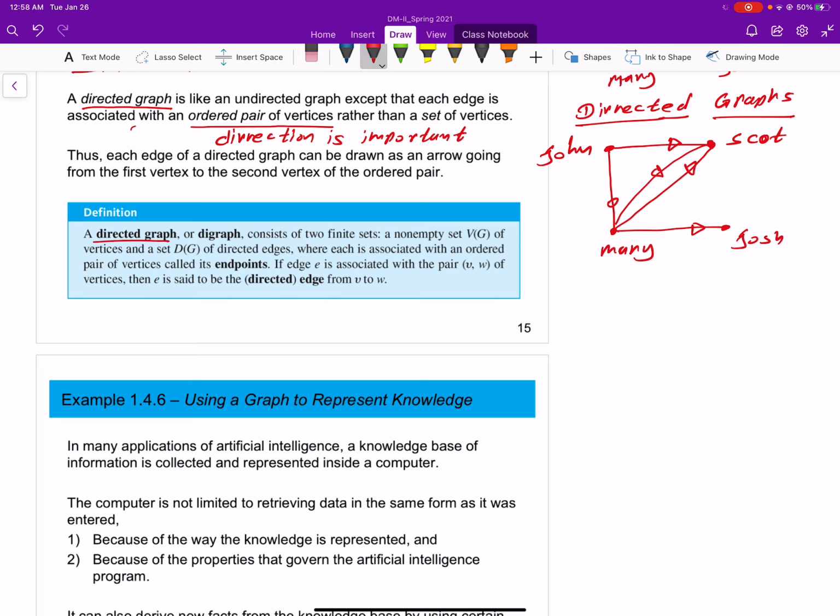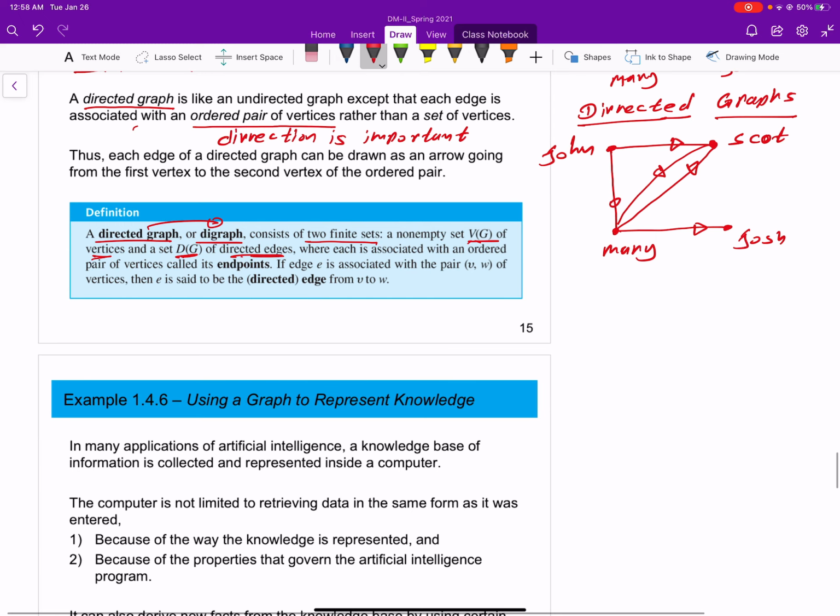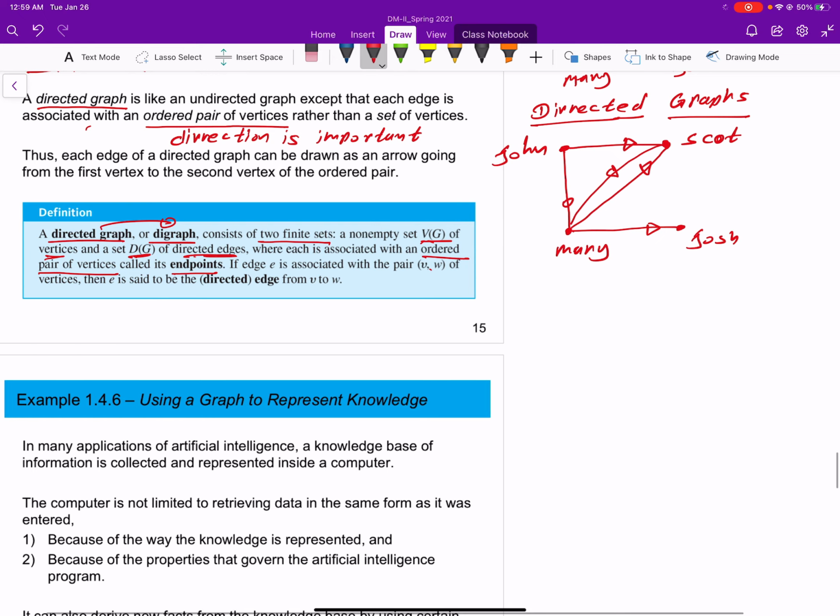Directed graphs, or digraphs for short, consist of two finite sets: a non-empty set V(G) of vertices and a non-empty set D(G) of directed edges, where each edge is associated with an ordered pair of vertices called endpoints. If an edge e is associated with the pair (v, w) of vertices, then e is said to be directed from v to w.